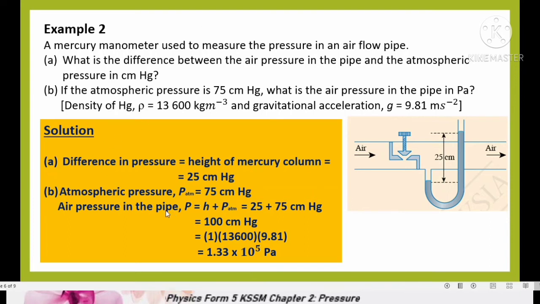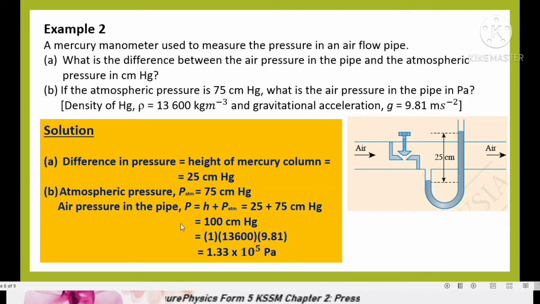So the air pressure in the pipe equals the total pressure. Pressure due to mercury, 25 cm mercury. And because this arm is open to surrounding air, there is atmospheric pressure. If this one were closed, atmospheric pressure would equal 0, no atmospheric pressure. But this one is open, so there is atmospheric pressure.